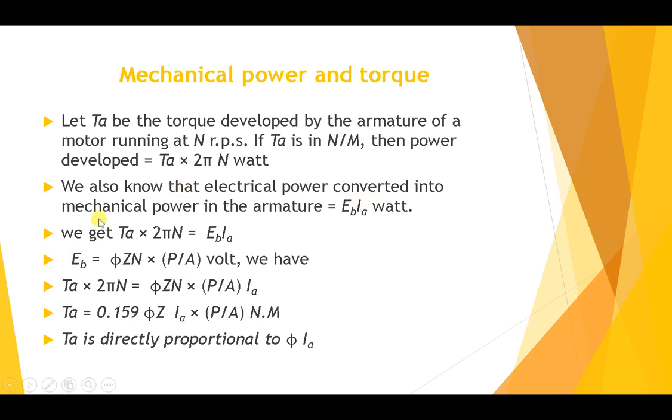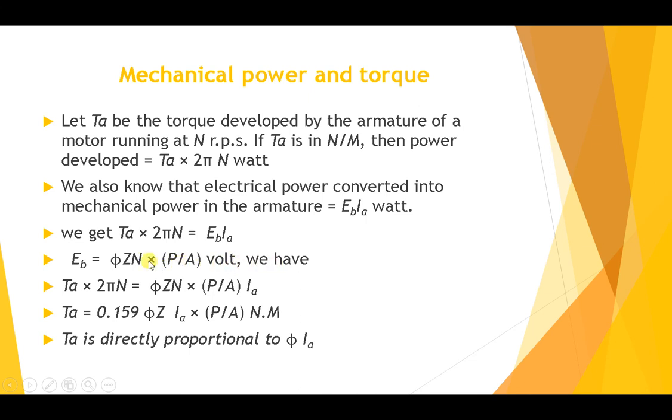So by comparing these two equations, we get Ta multiplied by 2 pi n is equal to Eb into Ia. Then we already know that the value of back EMF is equal to flux into number of armature conductors and speed multiplied by P by A volt.